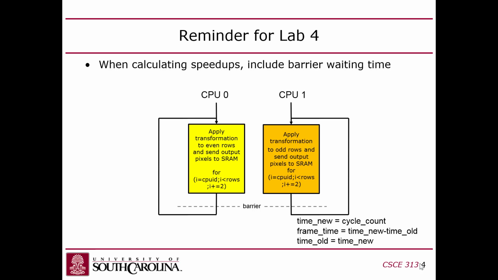So it's going to be interesting to find out what kind of speed ups you get. Obviously you can't get more than 2. If you're getting a speed up greater than 2, something is wrong. If you're getting a speed up less than 1, there's probably something wrong there too. If you're getting a speed up close to 2, that's pretty good, and if it's closer to 1, then you're not getting good scalability.